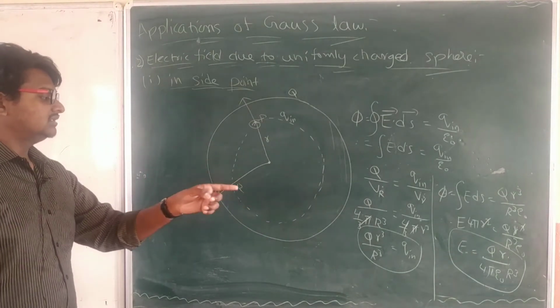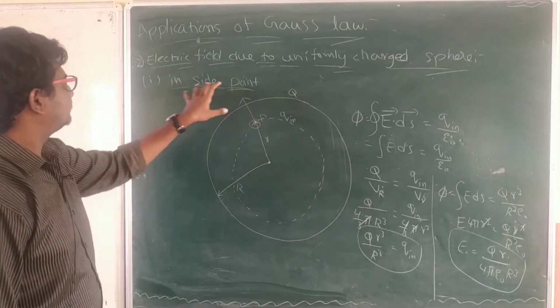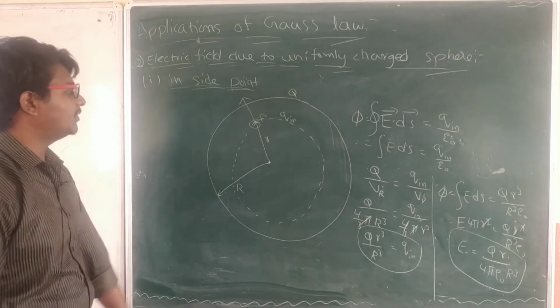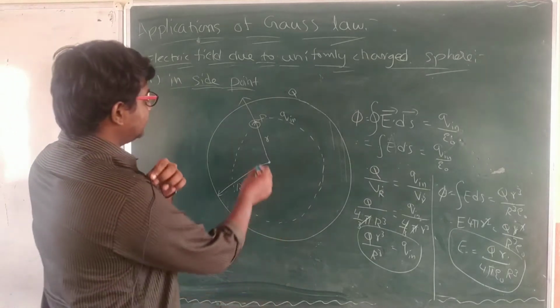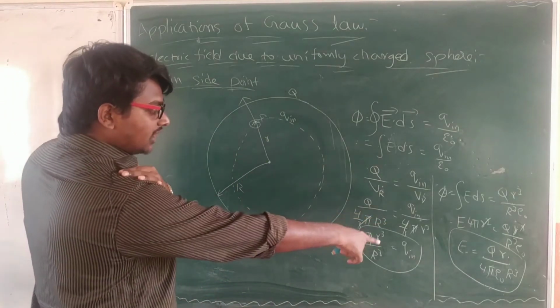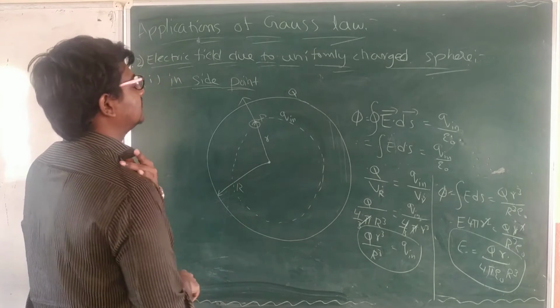That is what we have just found for an inside point: if the point is inside, E is Q r by 4 pi epsilon naught R cube.